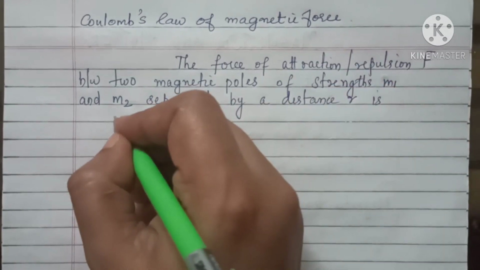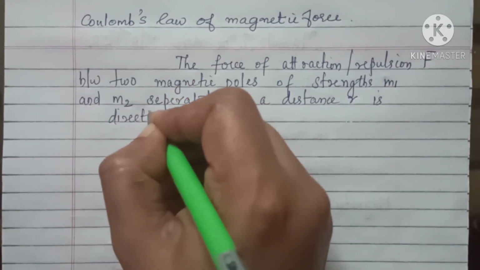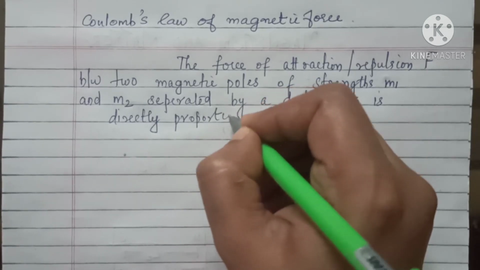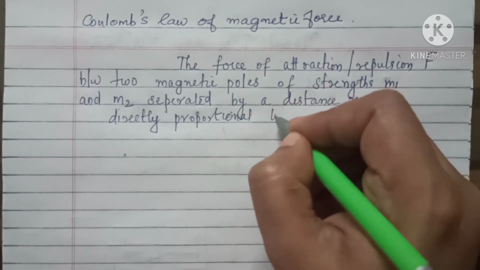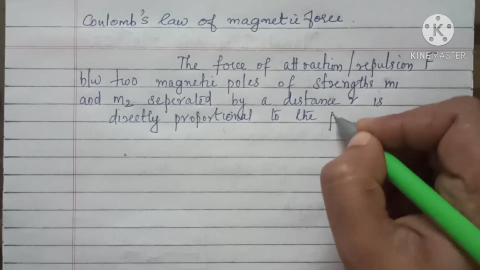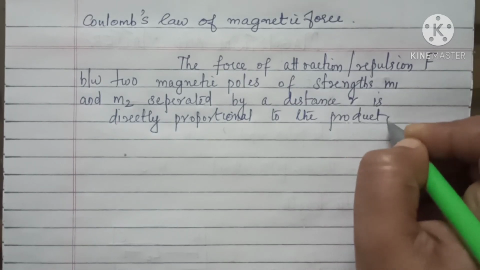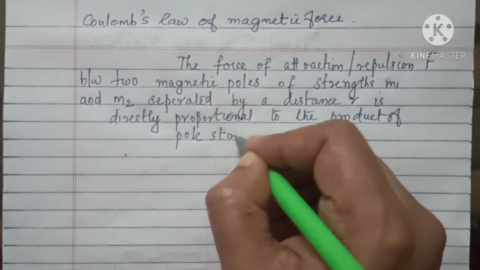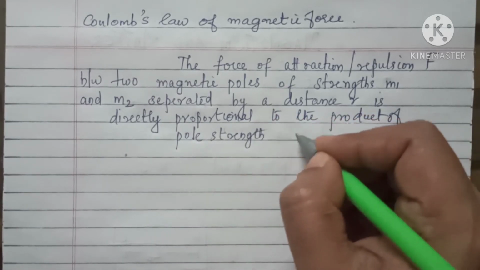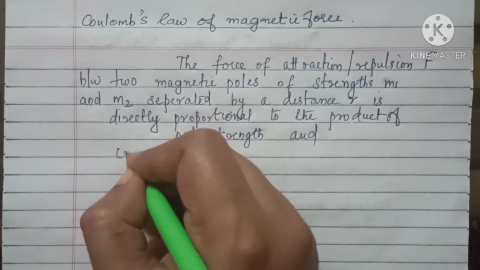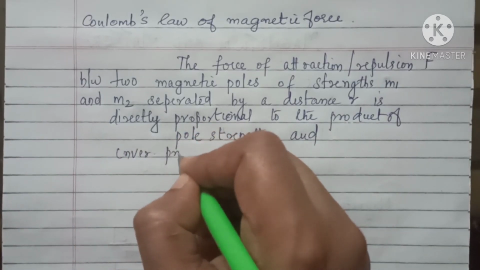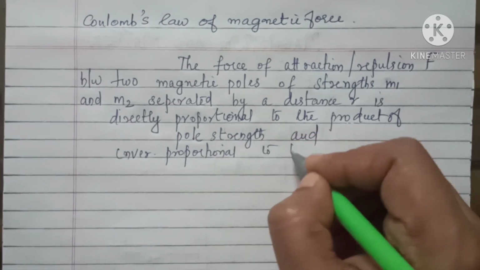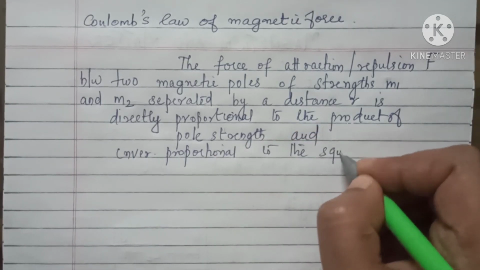is directly proportional to the product of pole strength, okay, and inversely proportional to the square of the distance between them.